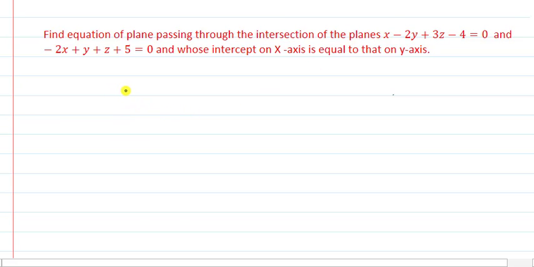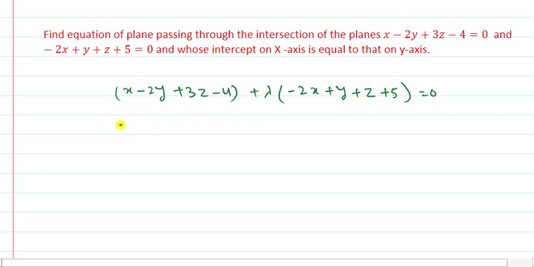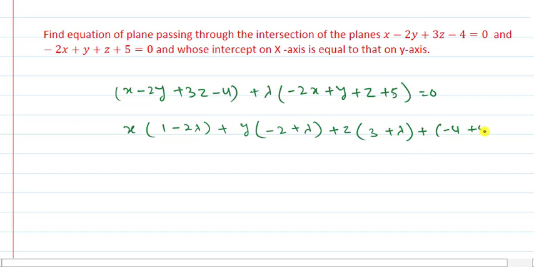So the required plane will be x minus 2y plus 3z minus 4 plus lambda times (minus 2x plus y plus z plus 5) is equal to 0, and it is x common (1 minus 2 lambda) plus y common (minus 2 plus lambda) plus z common (3 plus lambda) plus (minus 4 plus 5 lambda) is equal to 0.